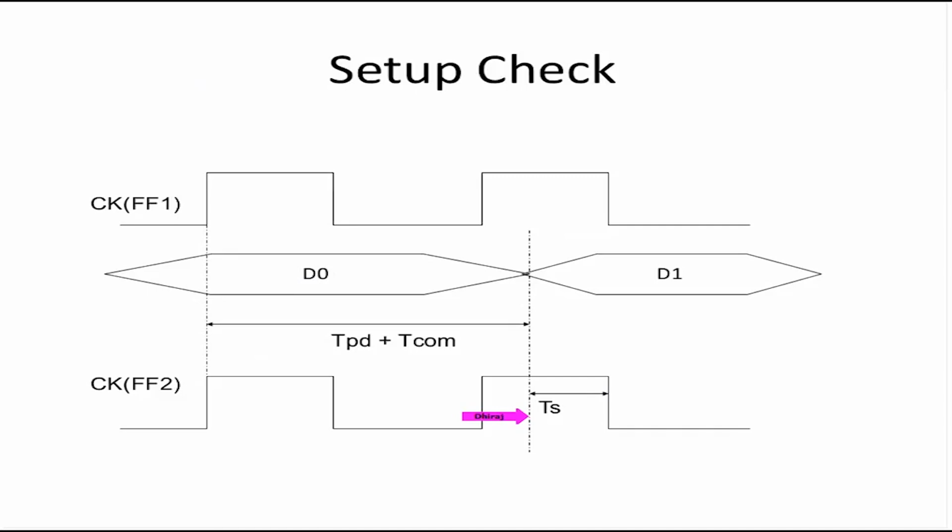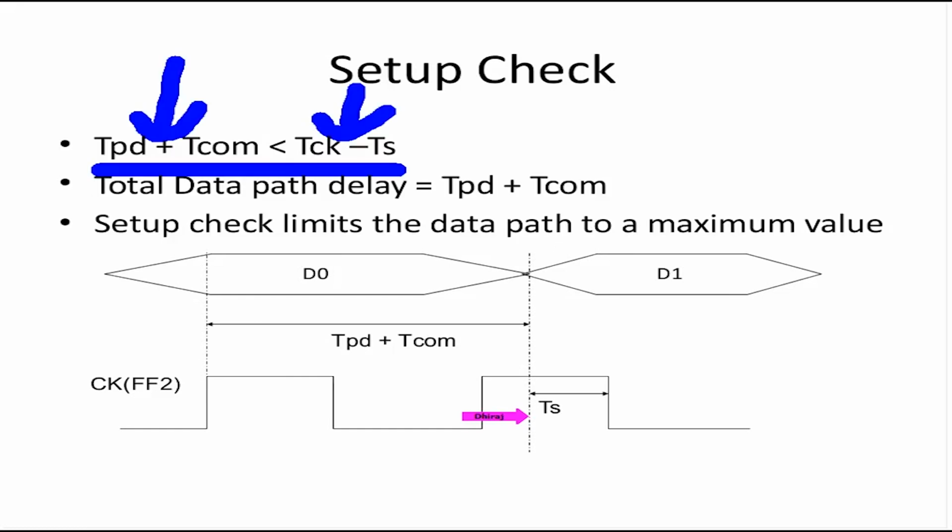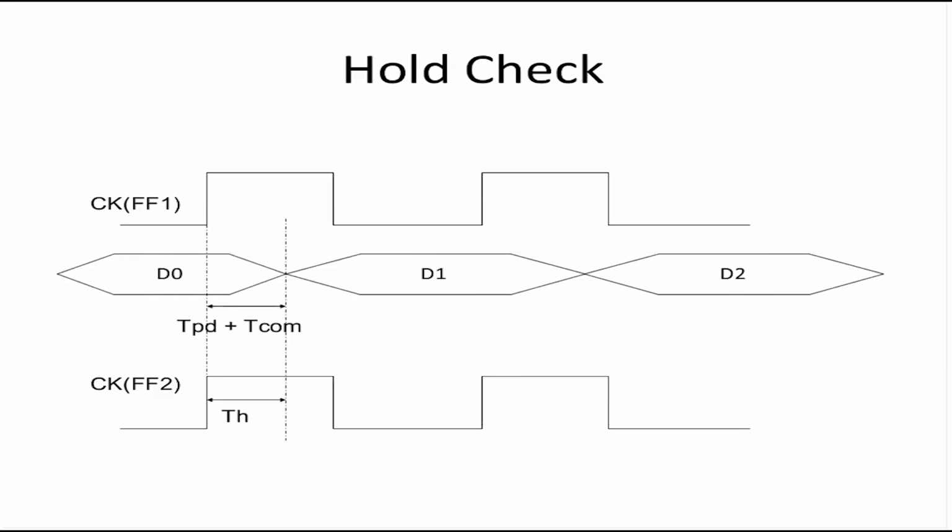Now let's look at the hold side. Now in hold, what is the check? FF1 will launch new data D1. So D0 will transition into D1 at some point of time.